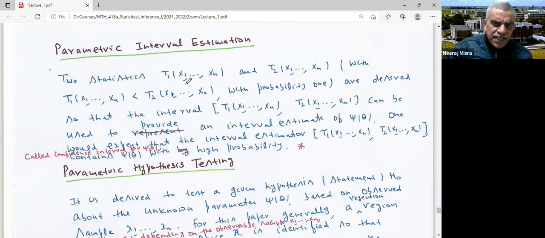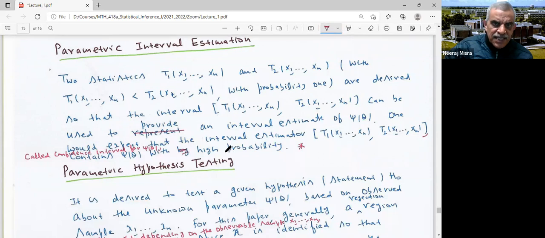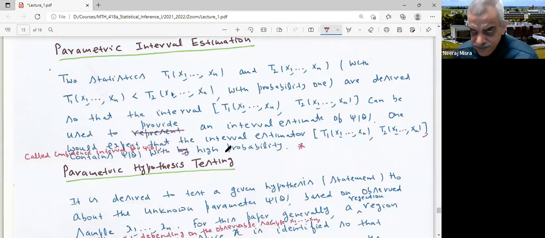Two statistics T1 and T2, with T1 less than T2, are desired, so that the interval T1 to T2 can be used to provide an interval estimate of psi(theta). Now, normally one would expect that the interval T1, T2 contains psi(theta) with high probability.